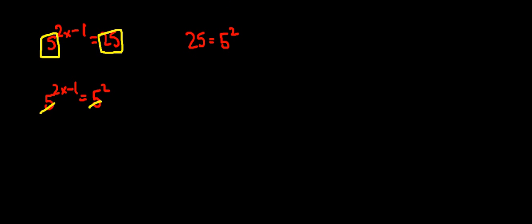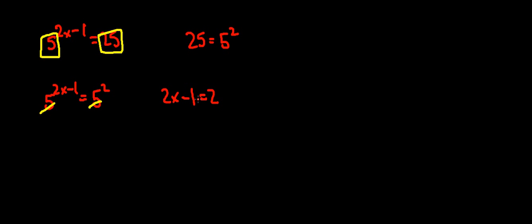So I can think of this now as 2x minus 1 is equal to 2. I am only concerning myself with the exponent because that is the only thing that is different. The bases are now the same.